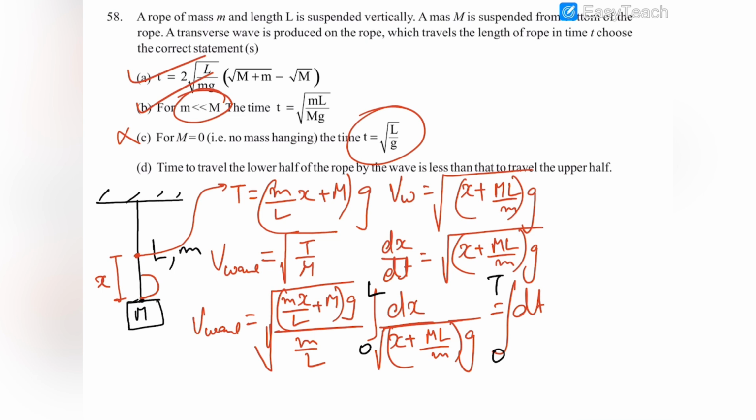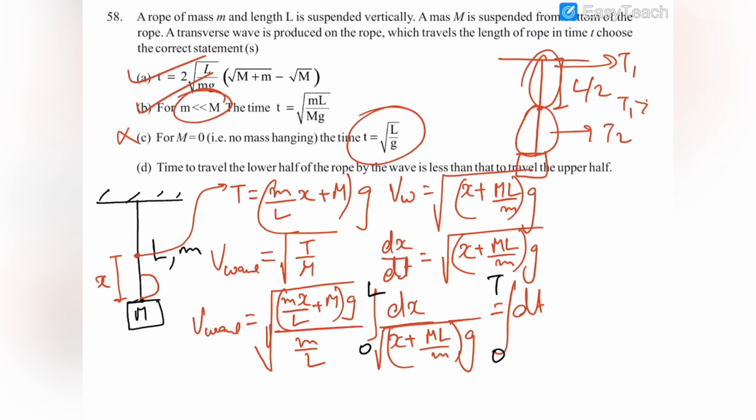In fact, this is a wrong statement because you can imagine that the tension in the upper half would be greater than the tension in this region. So T1 will be greater than T2, and therefore velocity in this region would be greater than V2.